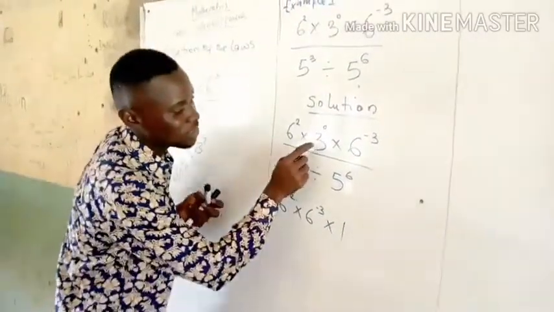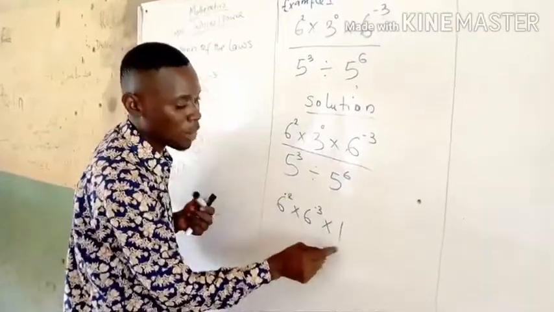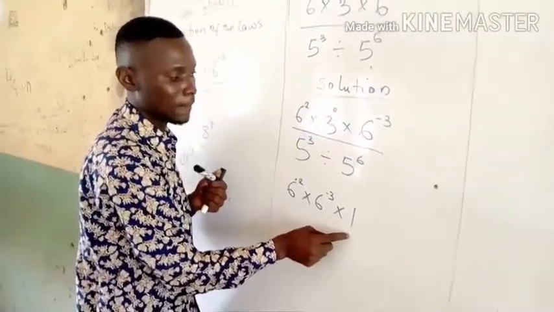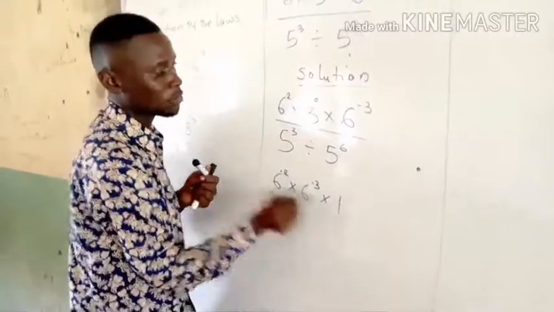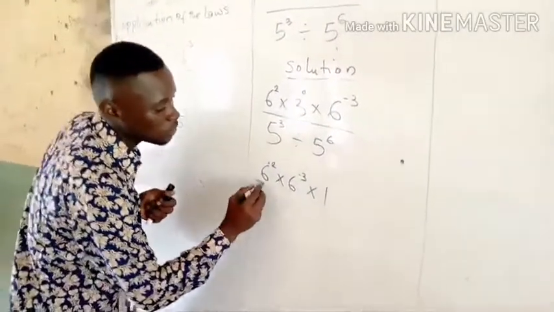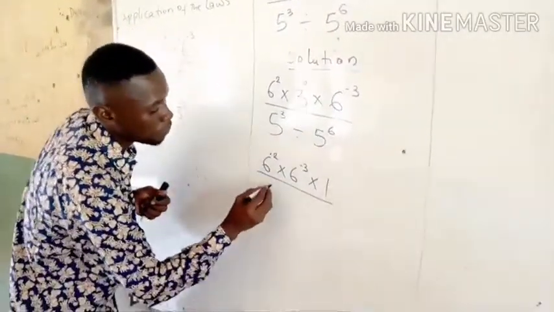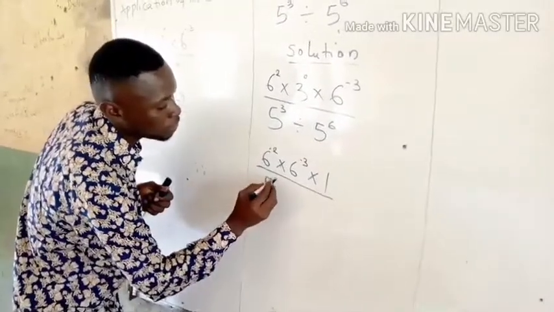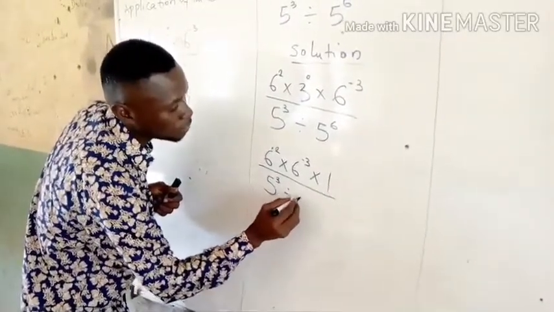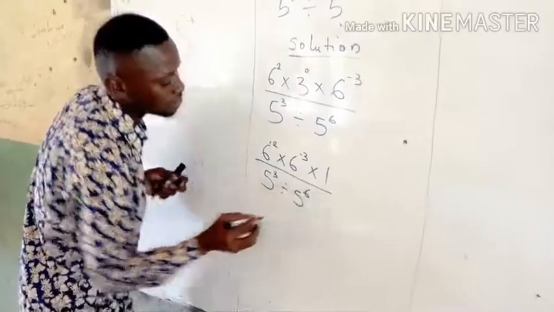Now, this 3 raised to power 0 becomes my 1 here. Then I go to say all over 5 raised to power 3 divided by 5 raised to power 6.